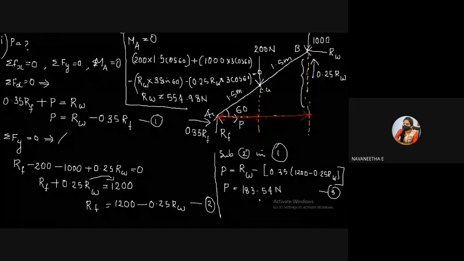Don't forget to write the unit, because the unit of the entire system is Newton. So this is the first question. The answer of the first question: P equal to 183.54 Newton.